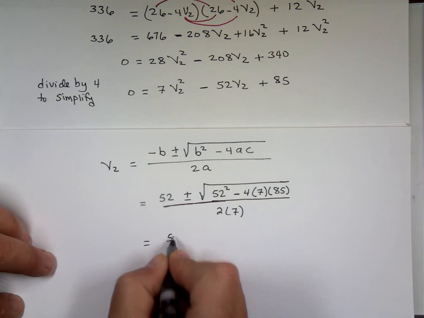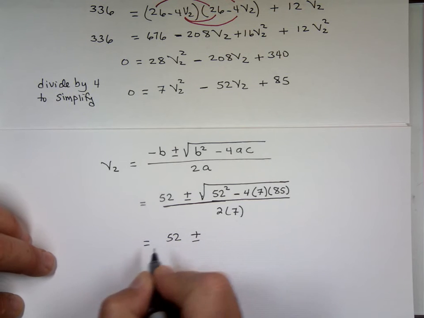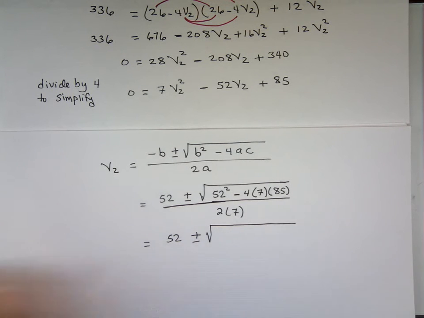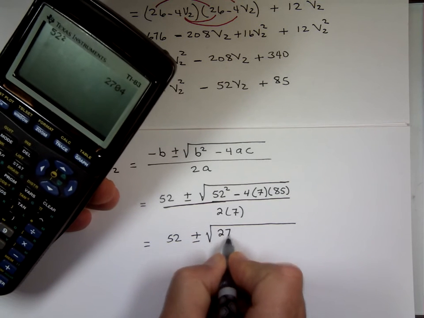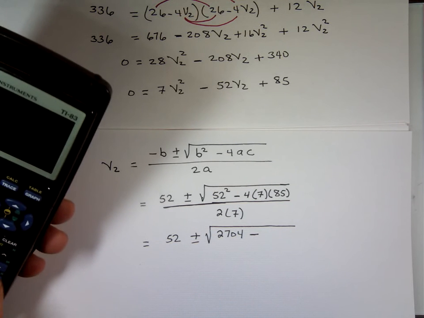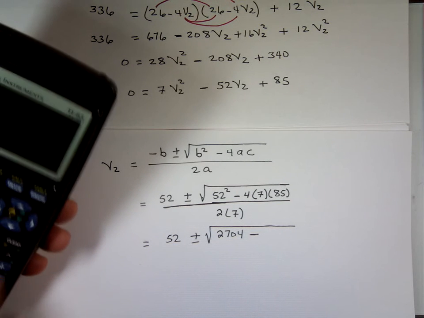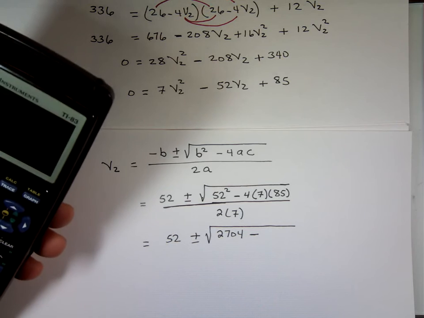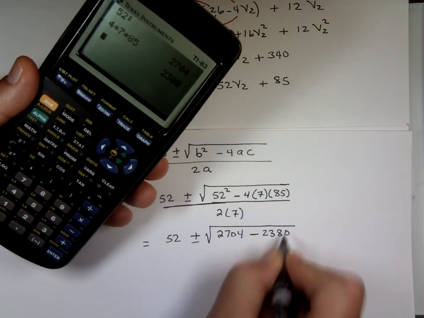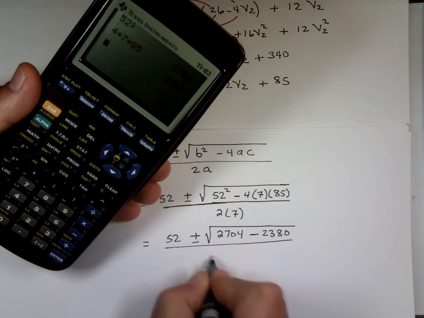52 plus or minus the square root of 52 squared, 2704, minus 4 times 7 times 85, 2380, divided by what? 14.